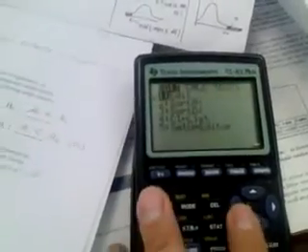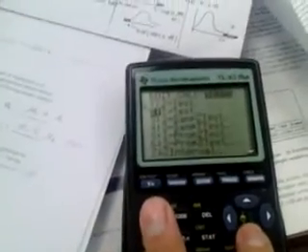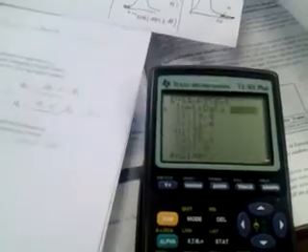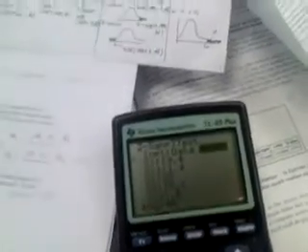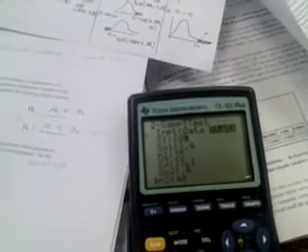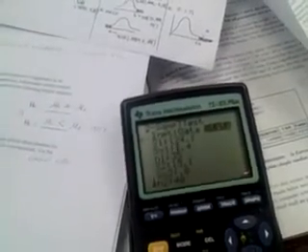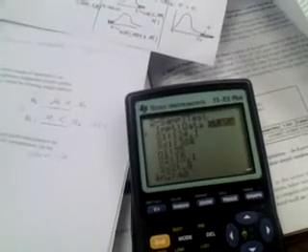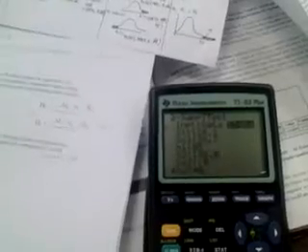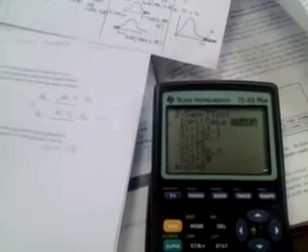So you go to your calculator, test, 2-sample t-test, and then you input the data that they gave in the question: 85, 138.7, 39.2, and 75.